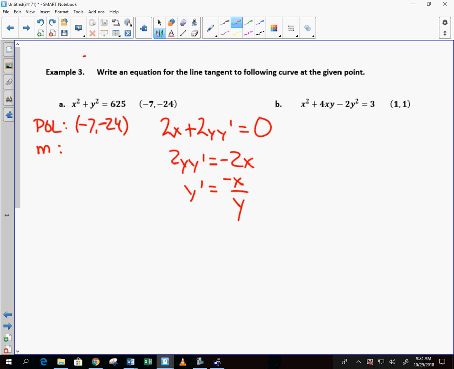Turns out that for any circle, the derivative is negative x over y, because the derivative of the radius is always 0. Isn't that awesome? Okay, so how do I find the slope? What do I plug in for x? And it becomes 7 over 24.